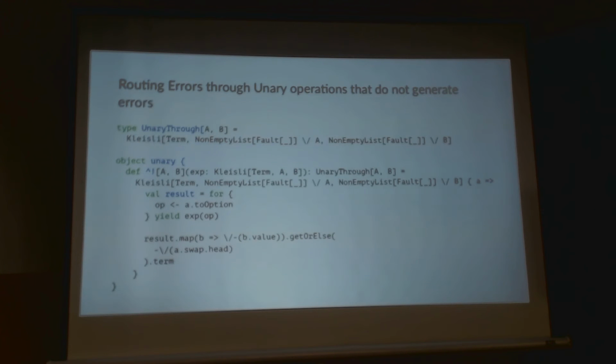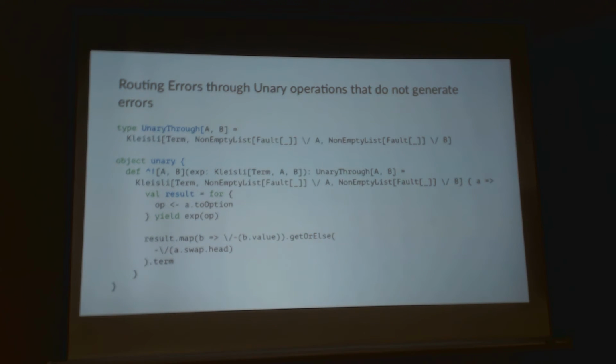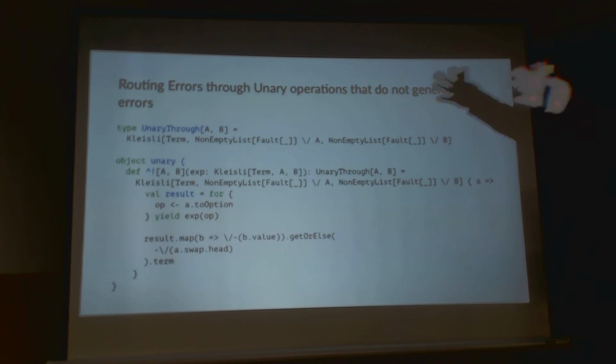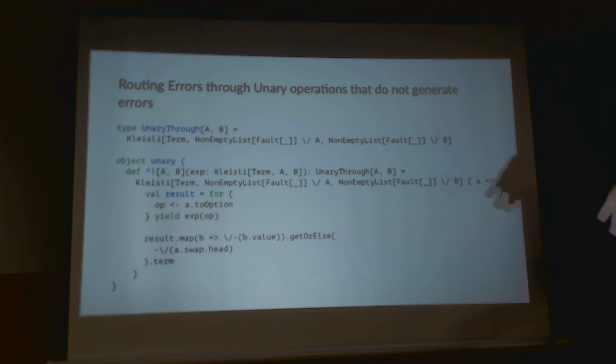Now, we're going to jump into the error routing, the error handling part of this. This is a part that I said we're not going to worry about. Well, now we're going to worry about the error handling, and this is quite interesting, because the error handling for this DSL is once again intended not to pollute the rest of your operation library. So you don't have to worry about it when you're defining new operations.